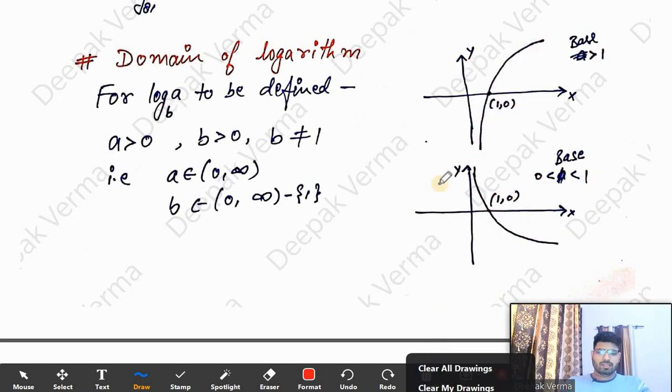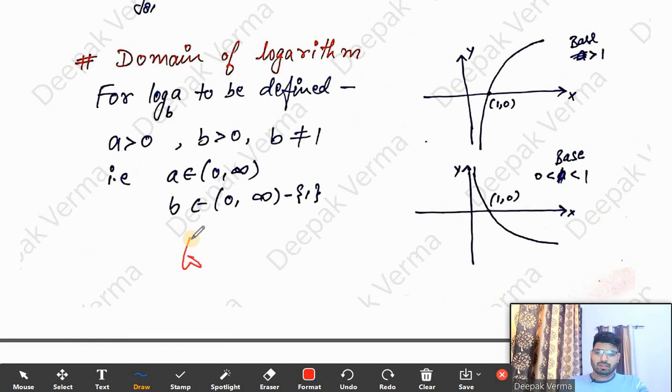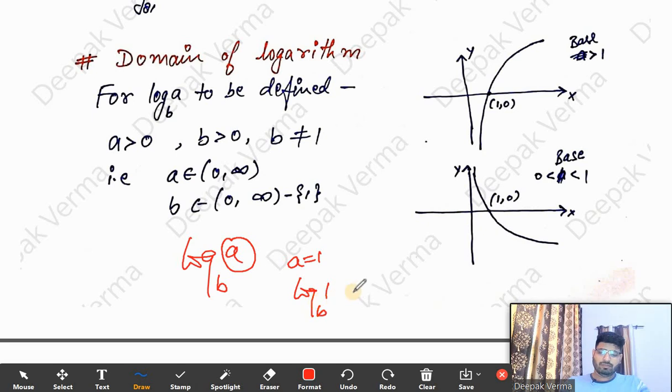Got it? It means when you put in the input, look here, we have log a base b. Here the input is a. This is the variable here. So when we put a equals 1, we get outcome 0. Then if we put a equals 1, it means log 1 base b. We will get 0.